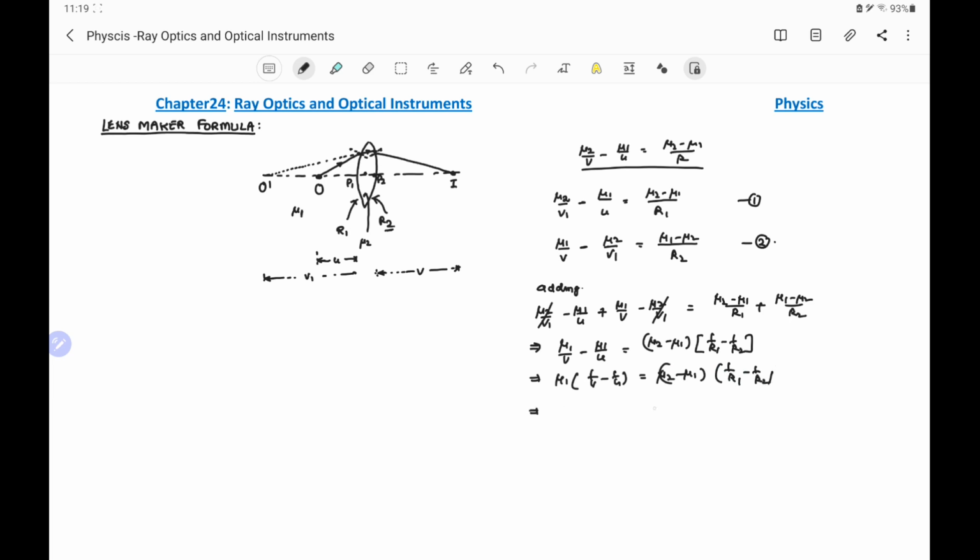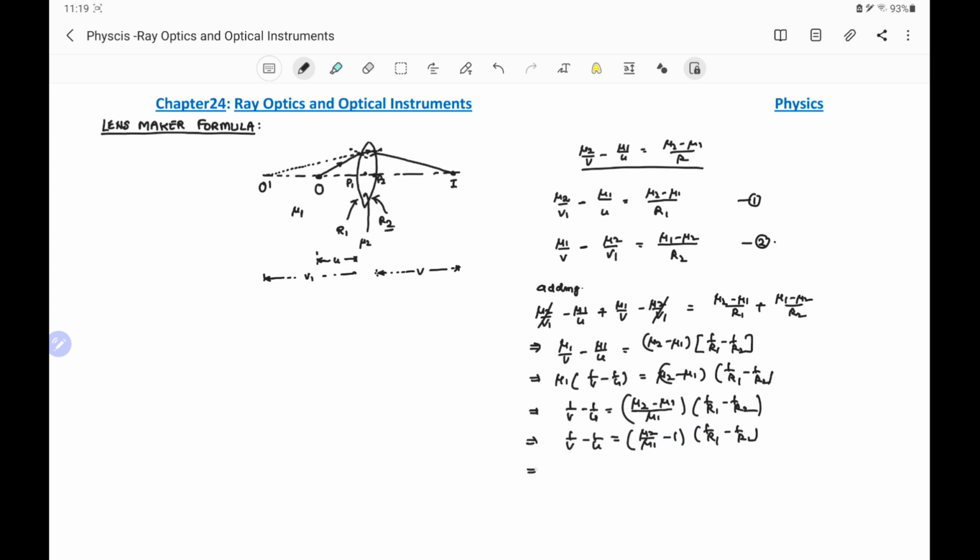Taking mu1 to the right hand side, we have 1 by v minus 1 by u equal to mu2 minus mu1 by mu1 into 1 by r1 minus 1 by r2. This can be written as 1 by v minus 1 by u equal to mu2 by mu1 minus 1 into 1 by r1 minus 1 by r2.